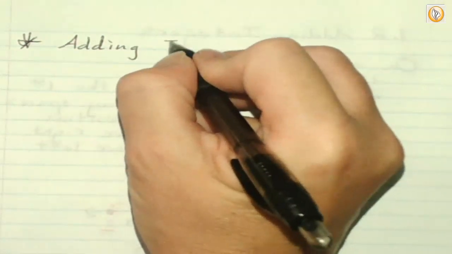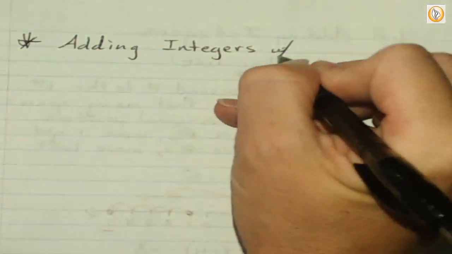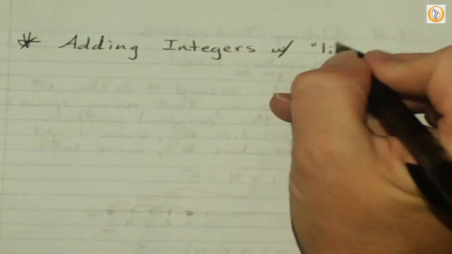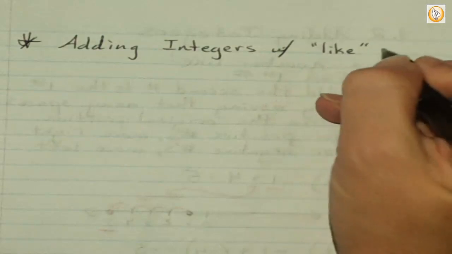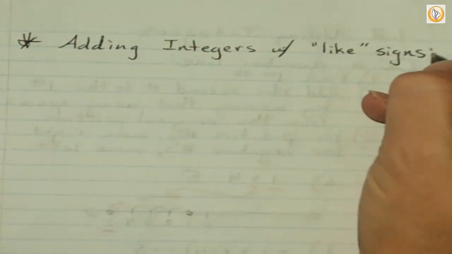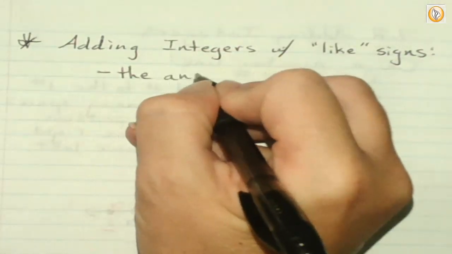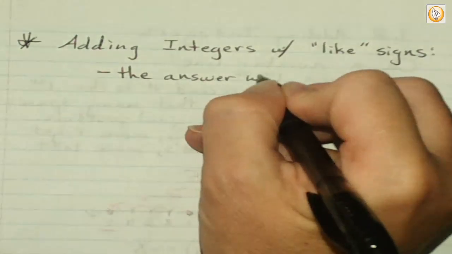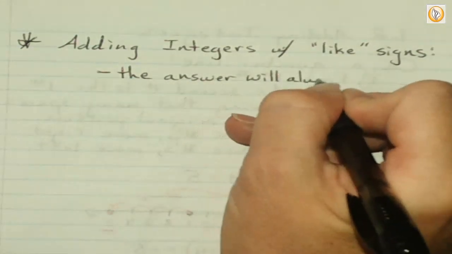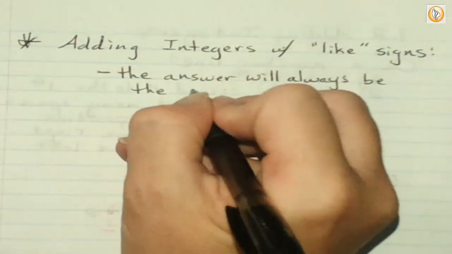Adding integers with like signs, the answer will always be the same sign.